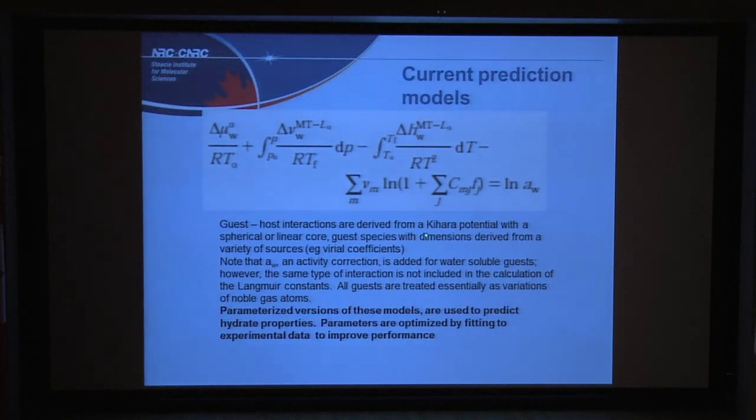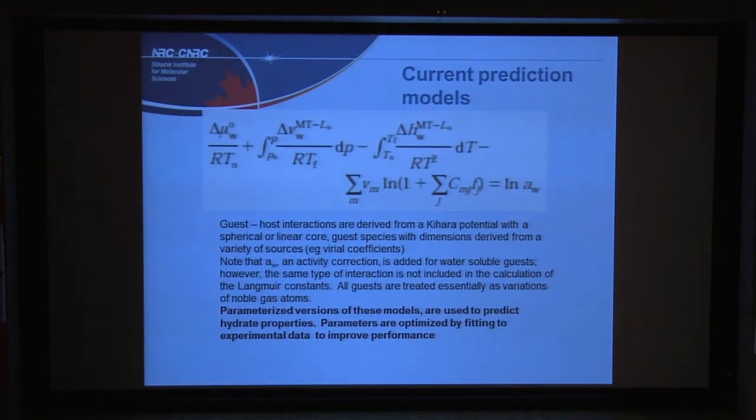Today, the guest-host interactions are derived from a Kihara potential with spherical or linear core, with guest species dimensions derived from a variety of sources, including virial coefficients, but they're still assumed to be spherical species.